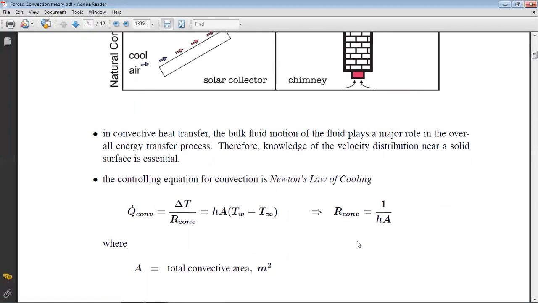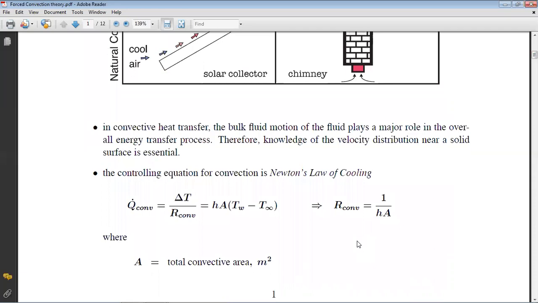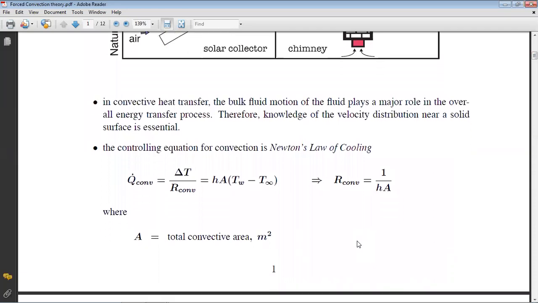Now, we all know the convective heat transfer is governed by Newton's law of cooling, wherein Q convected is equal to change in temperature divided by convective resistance.